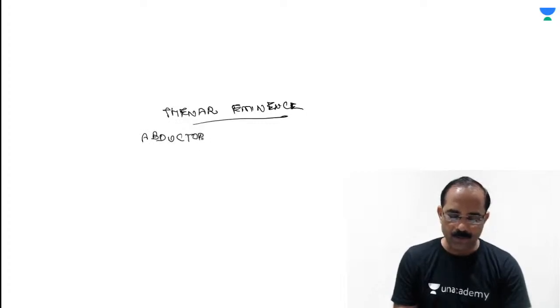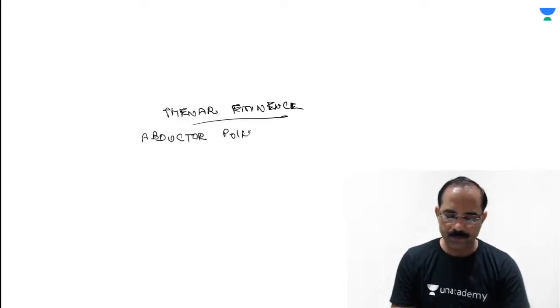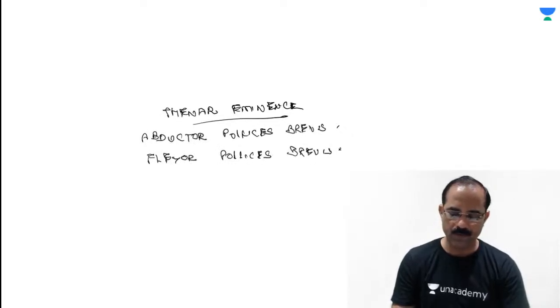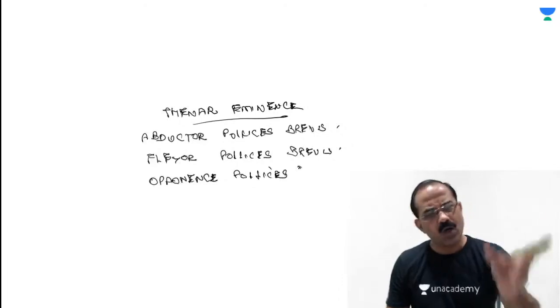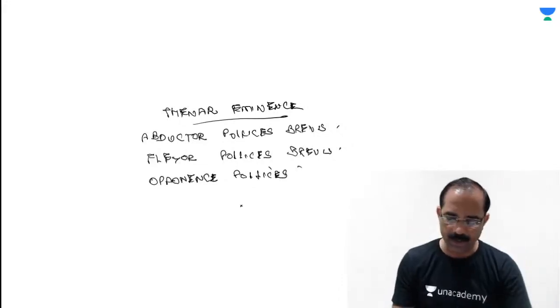Abductor pollicis brevis, flexor pollicis brevis, and the third one is opponens pollicis. All these muscles of thenar eminence are supplied by whom?